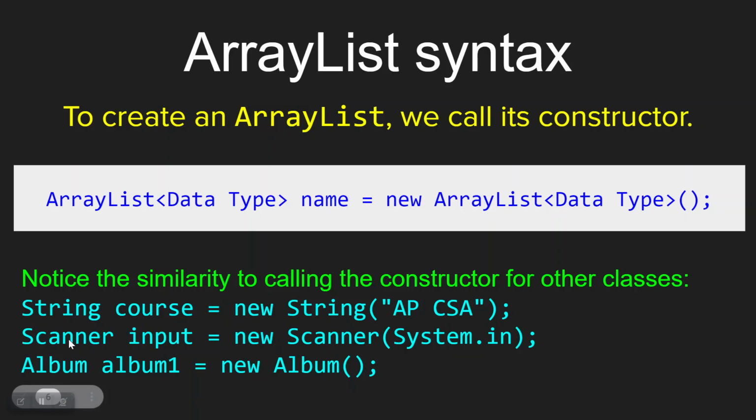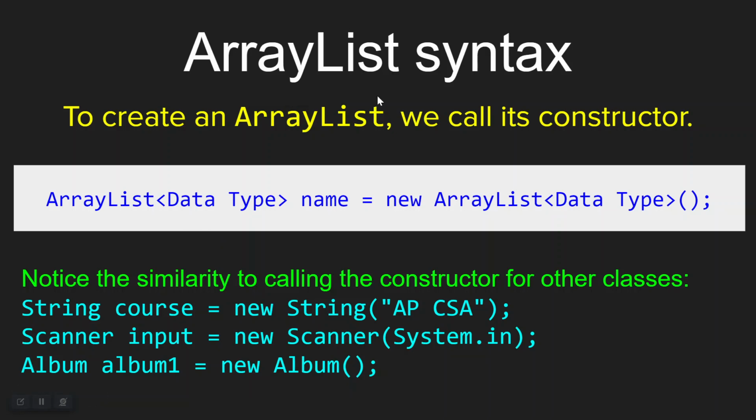But notice, the class name is over here, the variable name is here, equals new is always in the middle, the class name gets repeated over here, and then there might be something in our parentheses. Down here, album1 = new Album(). This is me creating an Album object called album1, and I'm calling the default constructor. So, again, you've seen this pattern before.